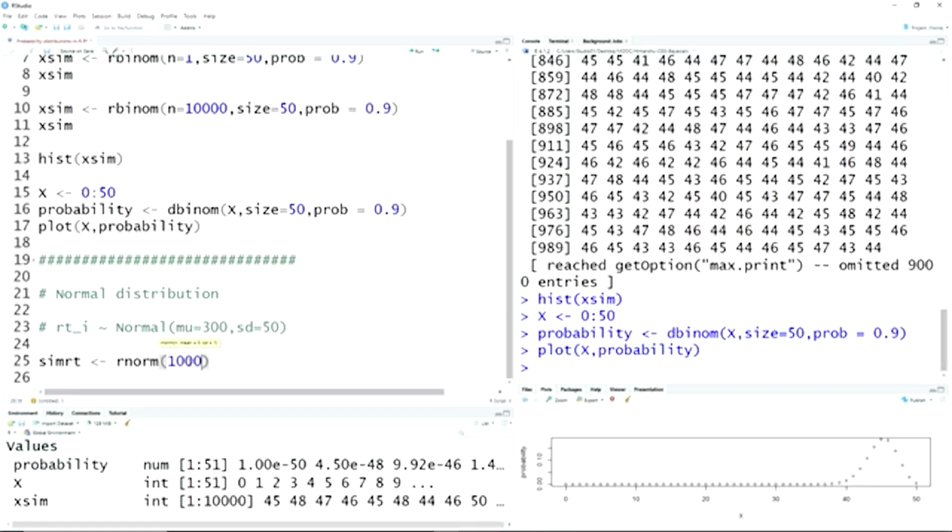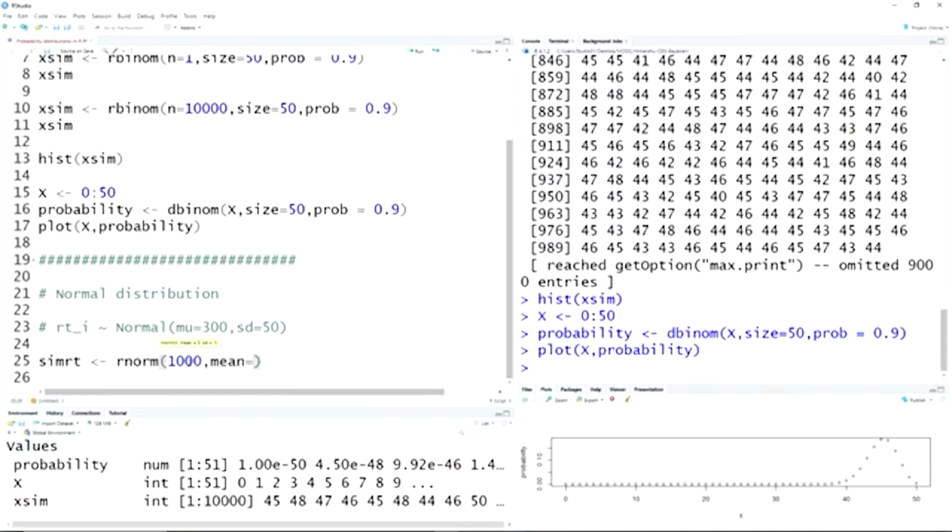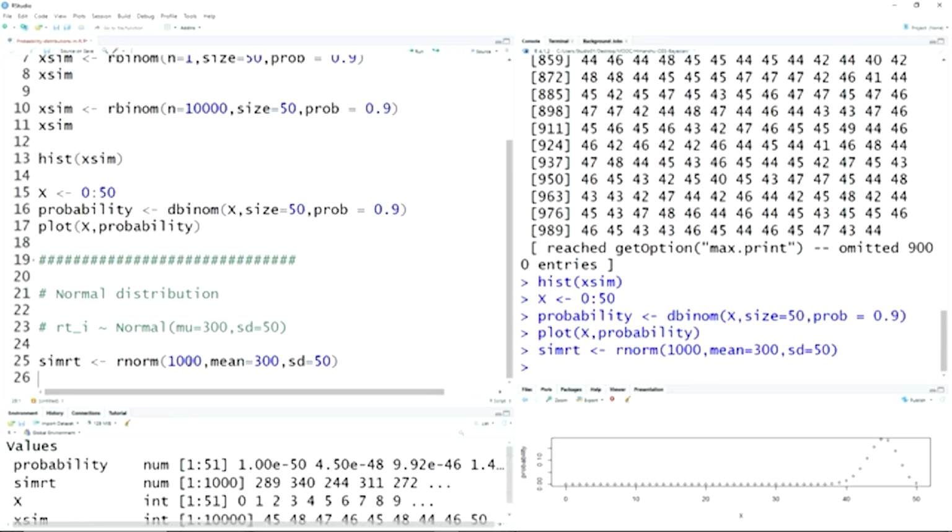So let's say 1000 trials, and then you give the mean, which here is 300, and SD is 50. This would give us 1000 observations of simulated reaction time from a normal distribution with mean 300, sigma 50.